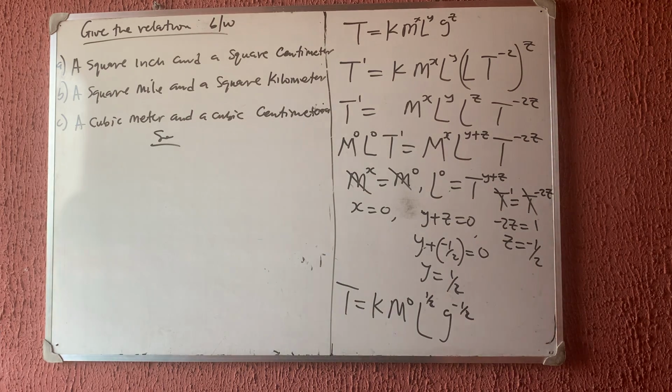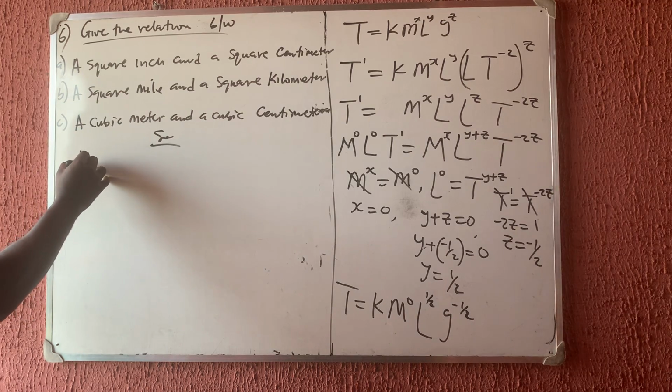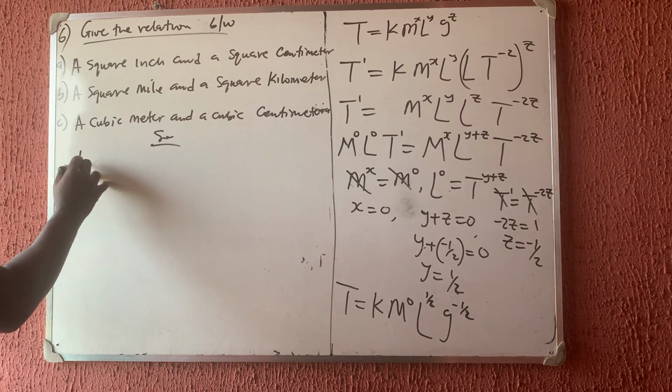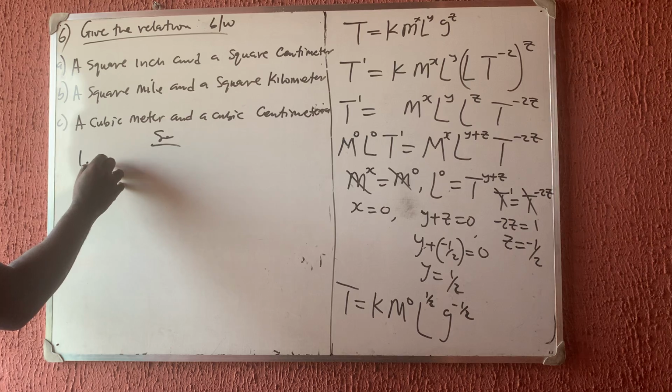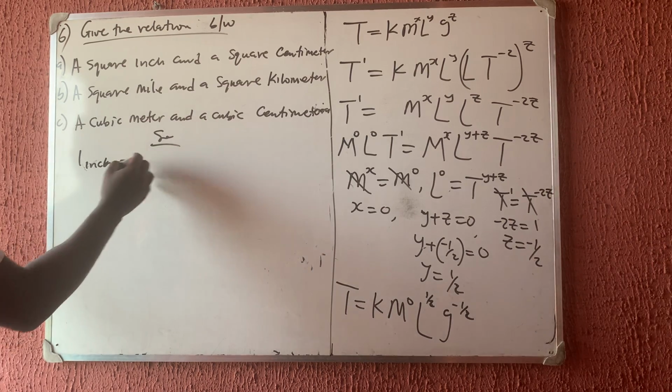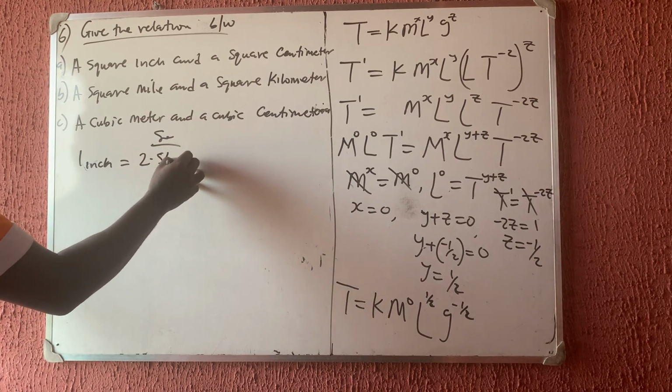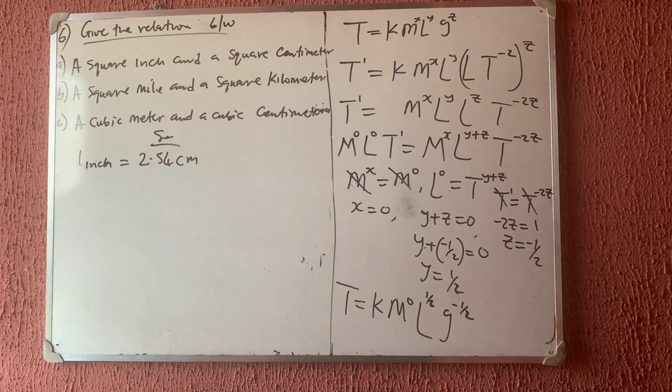Now the first question said we should look at a square inch and a square centimeter. Now you should know that 1 inch is equal to 2.54 cm. You need to know this. A square inch means to square both sides.